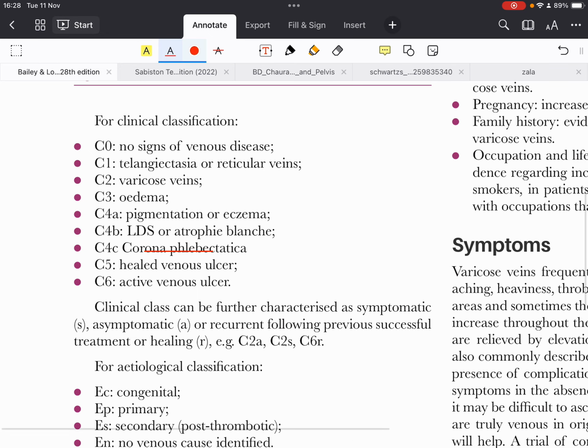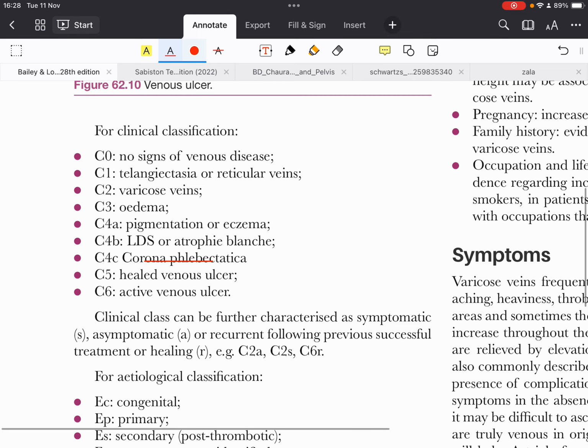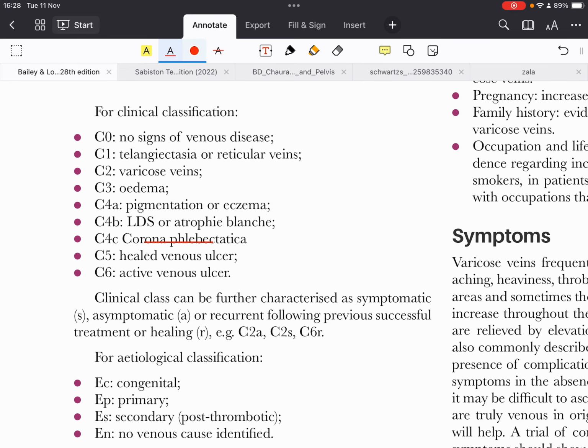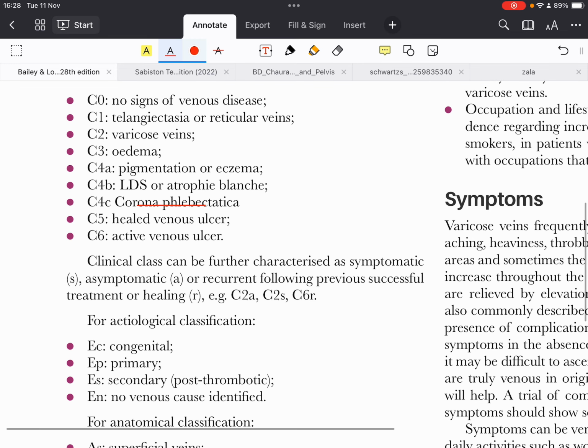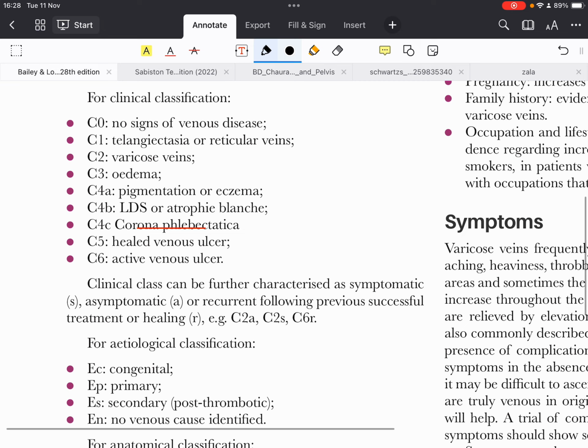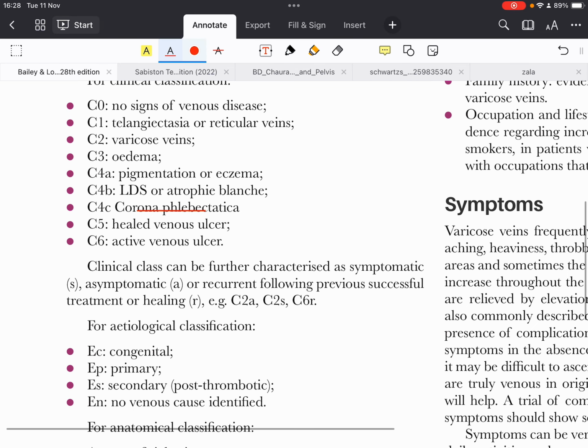For clinical classification: C0, 1, 2, 3, 4A, B, C, 5, 6. C0, no sign of venous disease.